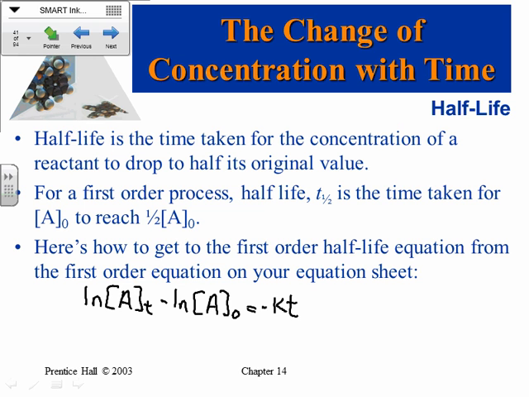Half of the initial concentration. So I can rewrite this as the natural log of 1/2 A0, right? Actually, I think it'll be less confusing as I'm deriving this if I do it this way. This will probably be easier for you to remember.